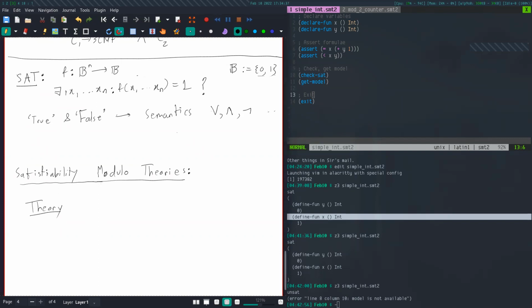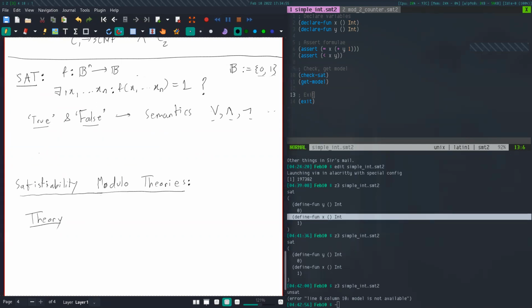So we have variables in a space that can take various values, and we have defined the semantics of some operators on this space. So what we have essentially is some set, and some relations on this set.